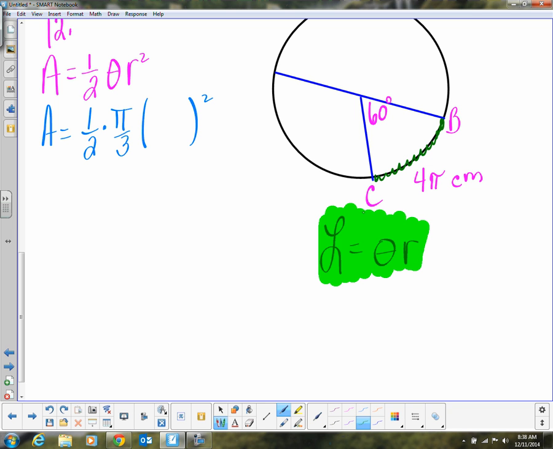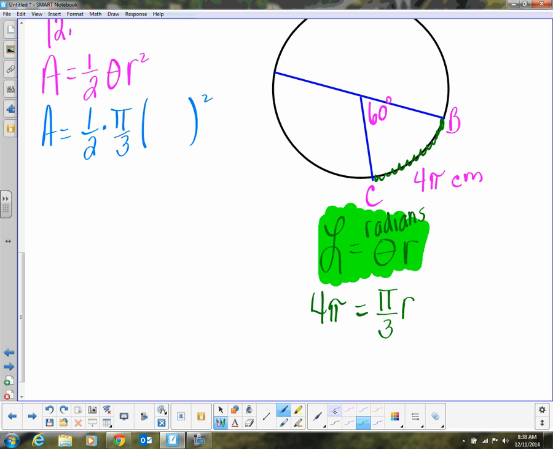You need to remember that this is radians. We've got about 4 more minutes. What is the arc length? 4 pi. What was our theta that we found? Pi over 3. Yes, we have to use this formula to find r.